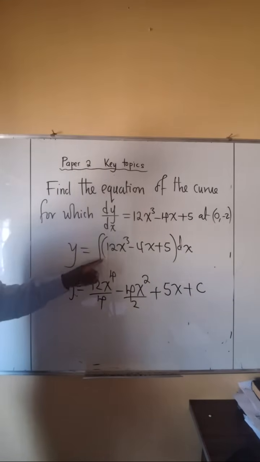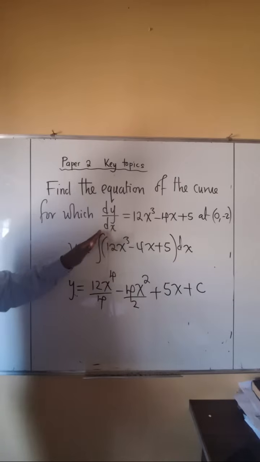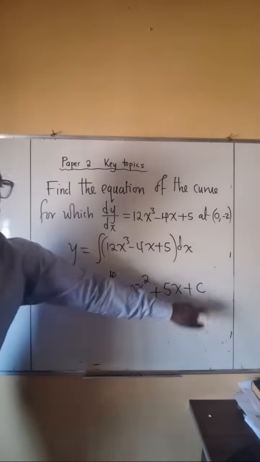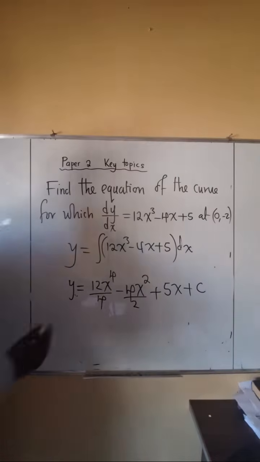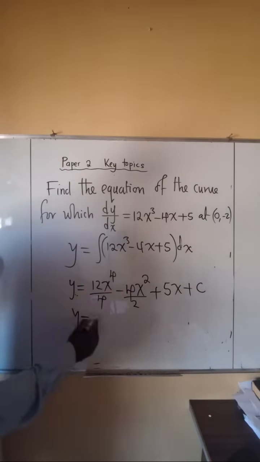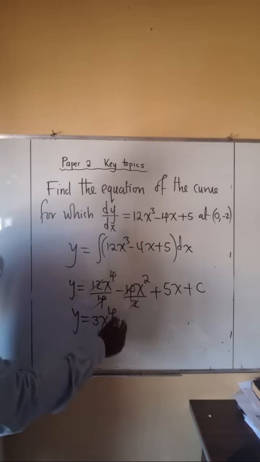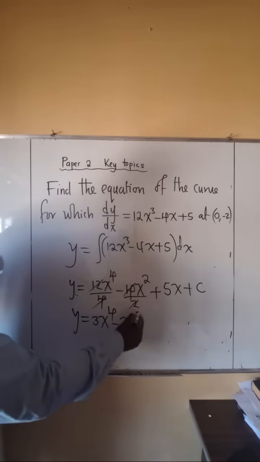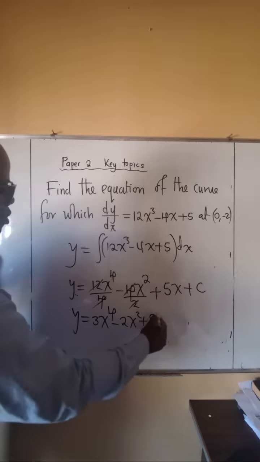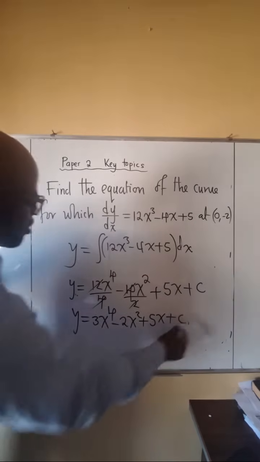The numbers we put in brackets in the previous question, we had a 2 and a -1. But this time around, there's no number here and here. There's just this side. Meaning, here you put a plus c. So we say y is equal to this, and this will give us 3x^4 minus 2x^2 plus 5x plus c.